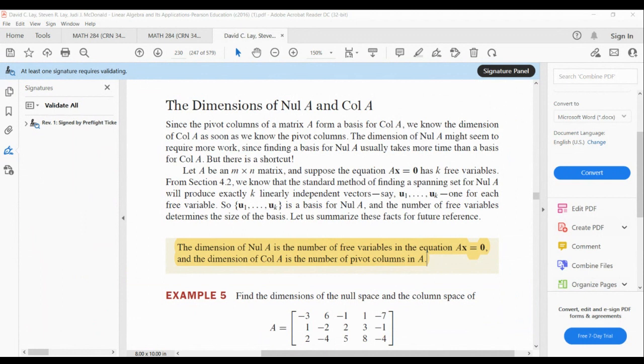And that's because the free variables form the coefficients in the span of the vectors that are in the null space. The dimension of the column space is just the number of pivot columns in the matrix A.